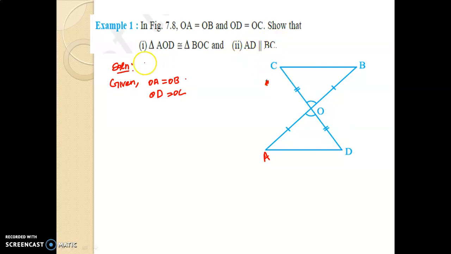Show that triangle AOD is congruent to triangle BOC. AOD is this triangle and BOC is this triangle. We are going to show that these two triangles are congruent to each other.